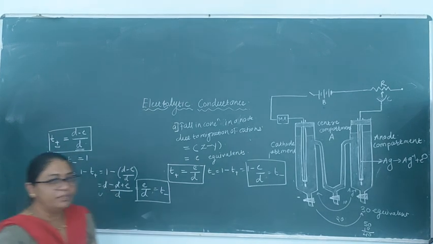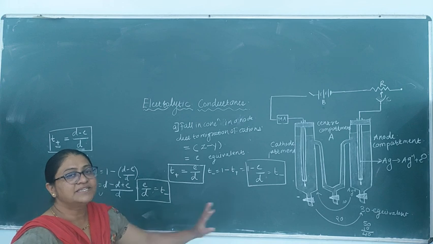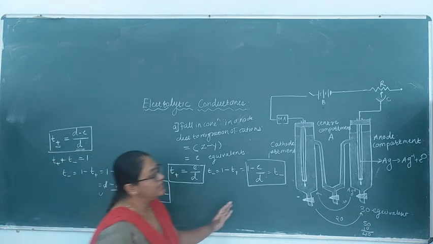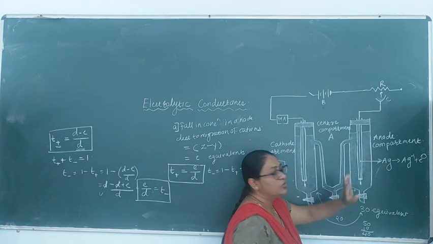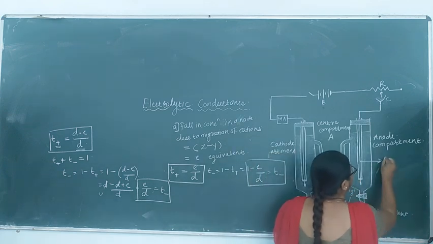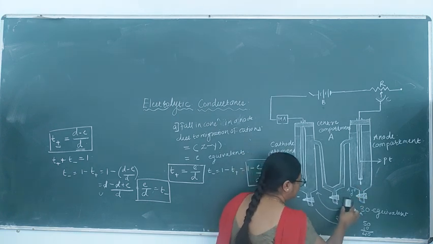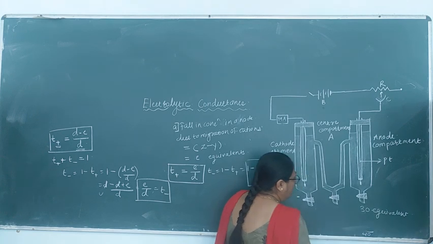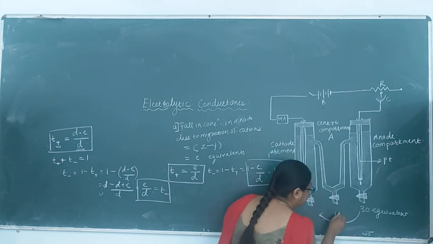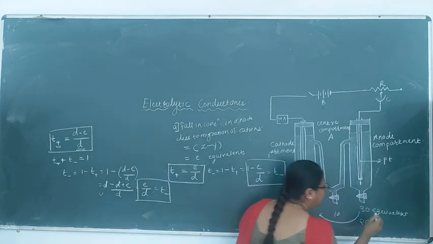It's a little bit complicated, but if you consider the numbers, it is easy to understand. See, when the electrode is non-attackable, when it is platinum, therefore consider that 30 equivalents of the Ag plus are present here, and if from this 30 only 10 migrated, therefore how many will remain here, 20.